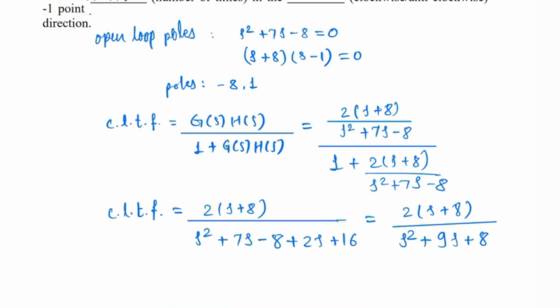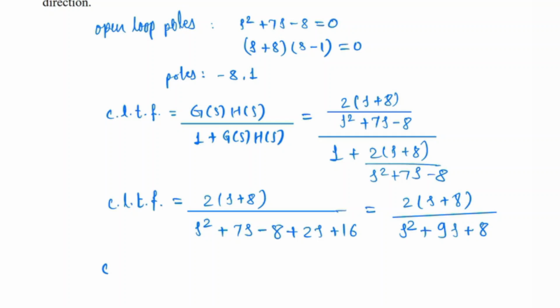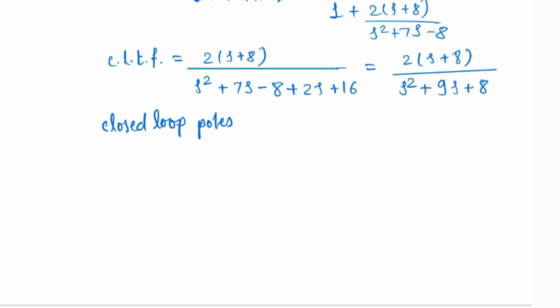So if we do closed loop poles, there would be roots of s square plus 9s plus 8 equals to 0, s plus 1 and s plus 8 would be two factors.